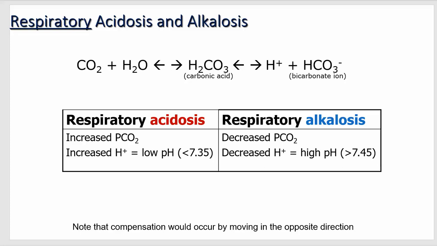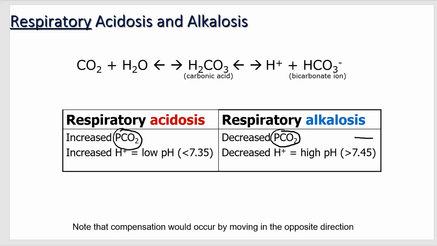So let's see, what are we looking at? I've simplified this. This is our chemical equation, and it shows respiratory acidosis and respiratory alkalosis. In respiratory acidosis, what we are looking for is increased carbon dioxide. With alkalosis, we're looking for decreased carbon dioxide.